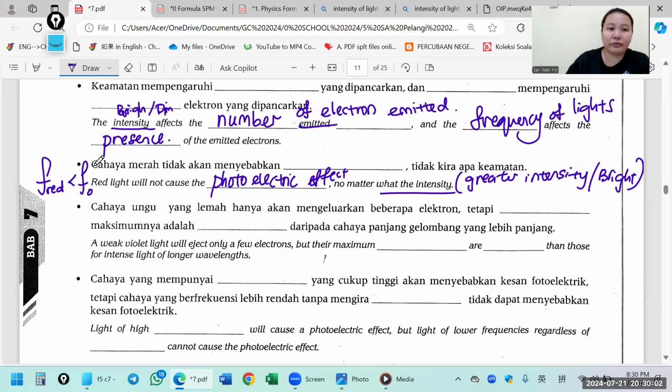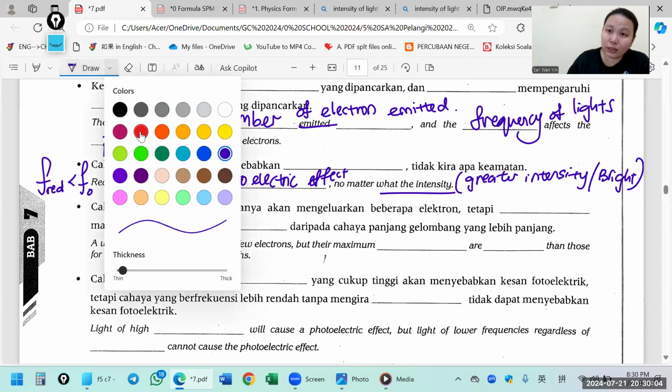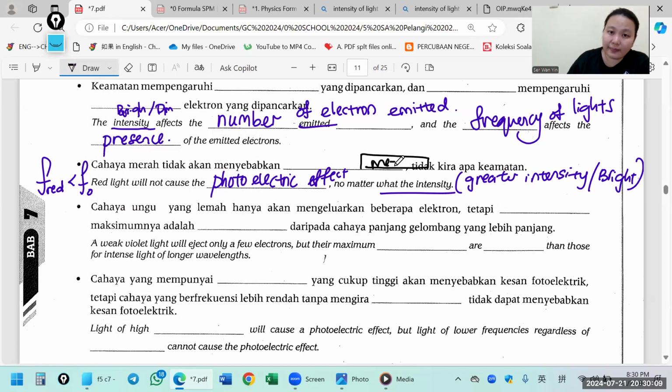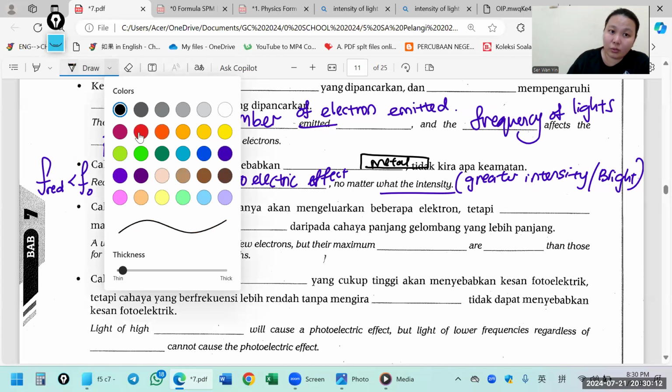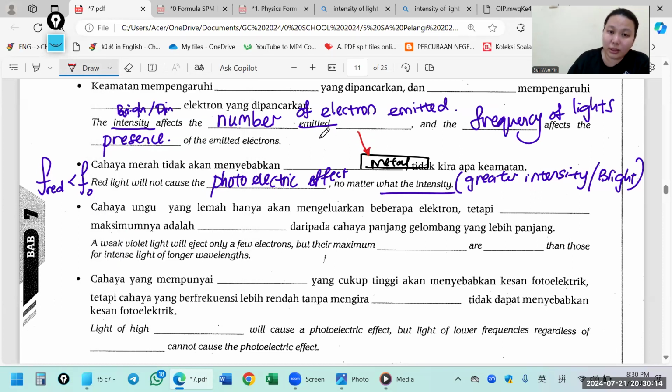So maybe you can draw this out. This is a metal. So red photon means E equals 3 joules. But what is the work function? 4 joules. So 3 minus 4 still not enough for electron to be emitted out. So we say no photoelectric effect, no electron. All right.